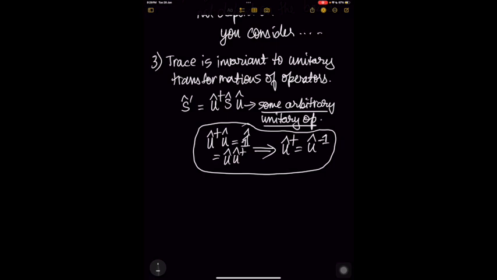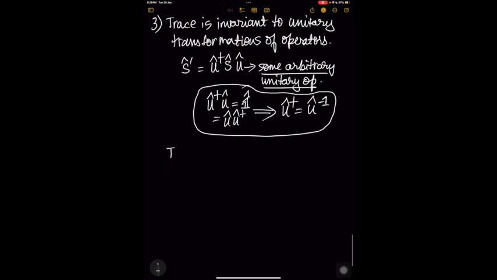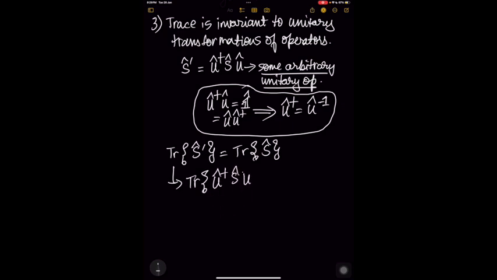So how do you prove this? The statement means the trace of S prime is the same as the trace of S, which means that the trace of U hat dagger S U hat is the same as the trace of S. This is quite obvious.